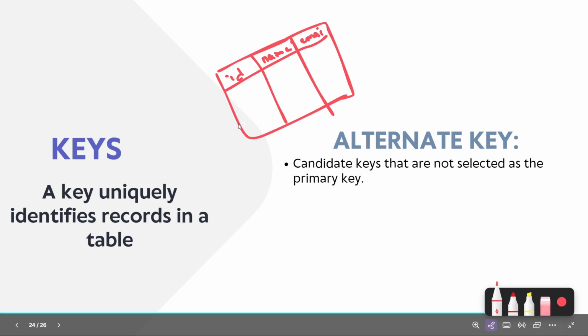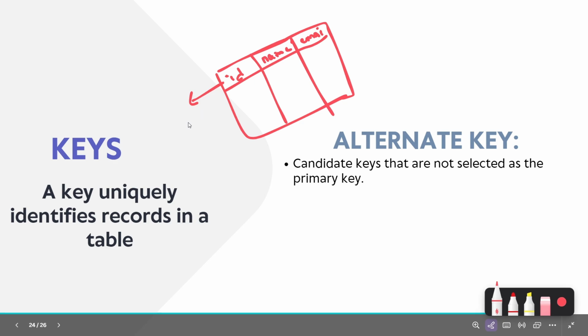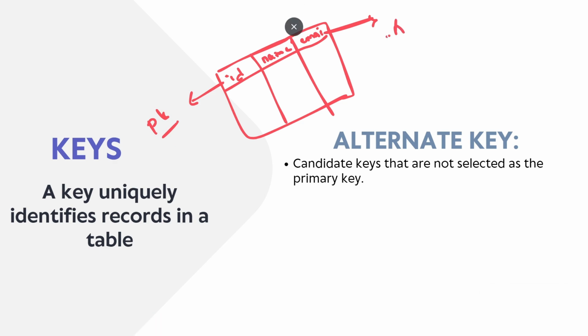So, according to what we have discussed previously, by using ID, we can easily identify the rows. So this is going to be a primary key. Now, even with email, we are going to identify the tuples, right? So this is going to be the alternate key. So, I hope you got the difference between primary key, candidate key, and alternate keys, right?